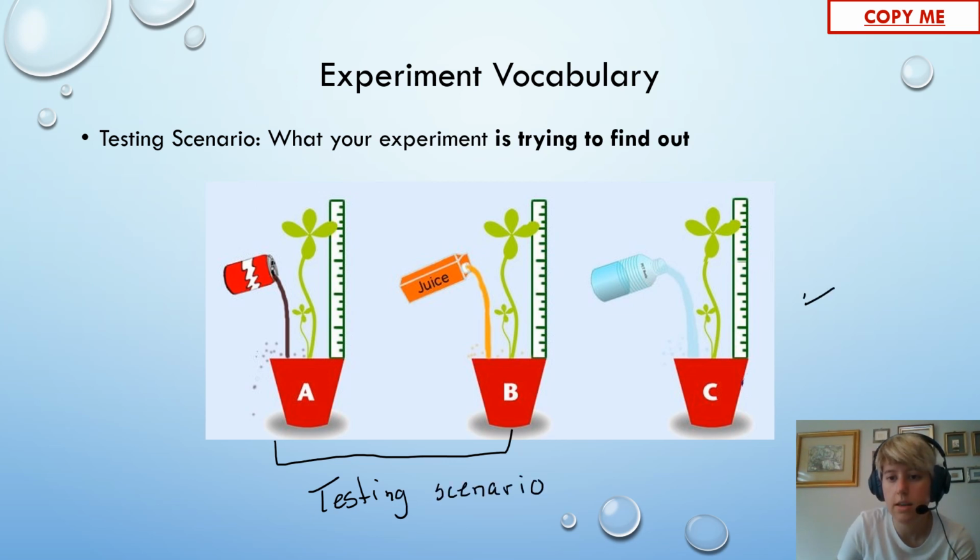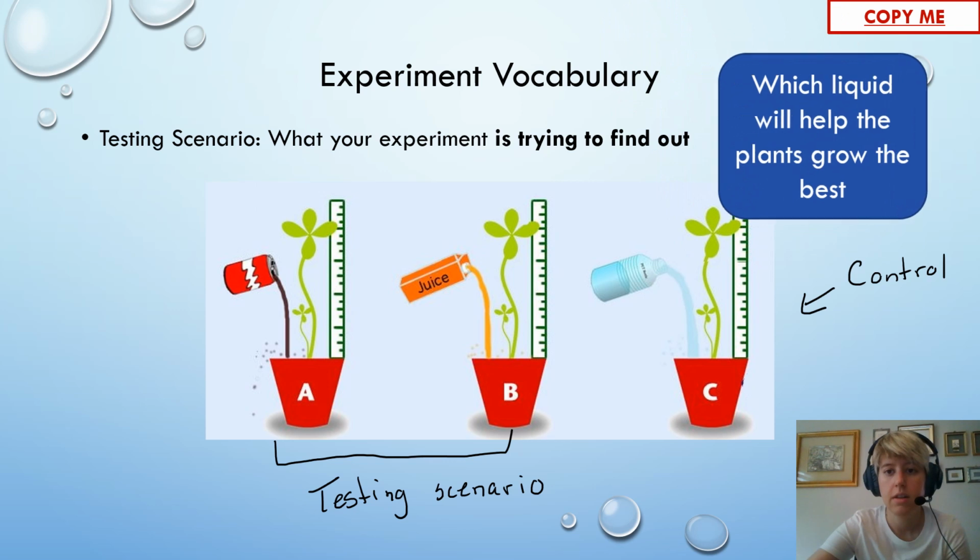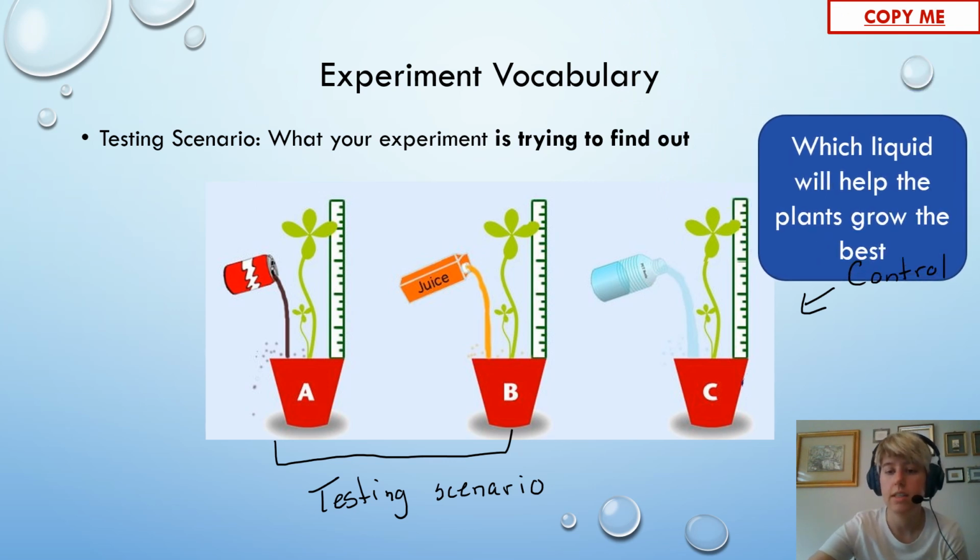And C would be our control, because we need to always compare something to something else. So testing scenario: which liquid would be the best to have our plant grow? And our control is what we are comparing our testing scenarios to.